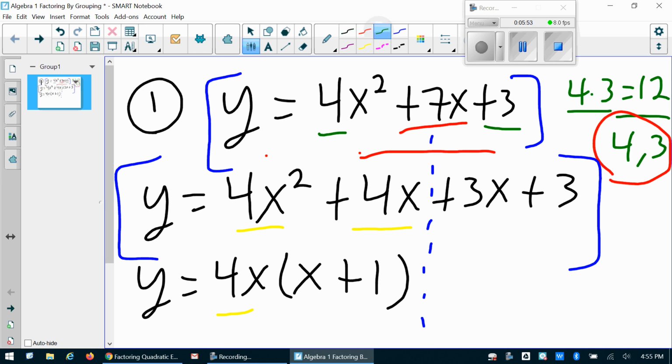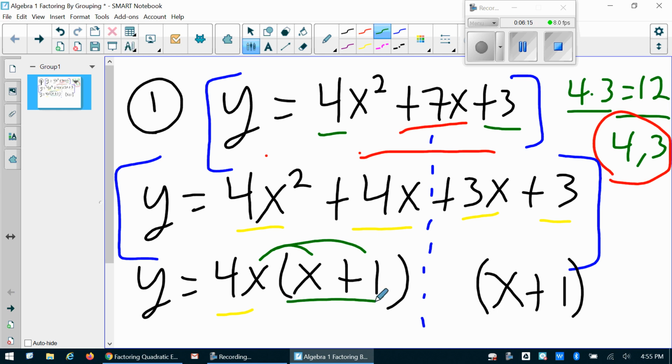If I distribute here and here, I get 4x squared plus 4x, so they are equivalent. What's nice about factoring by grouping is when I go to do the same thing on the other side, I know that I have to have an x plus 1 show up on this side because I had it show up right here. That is a rule. So once I get the left side, I immediately write x plus 1 over here.